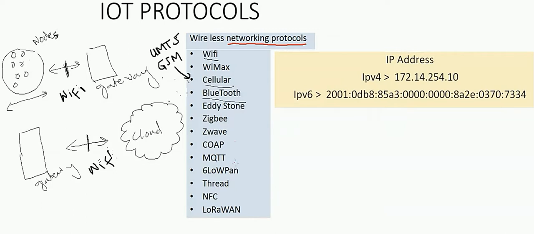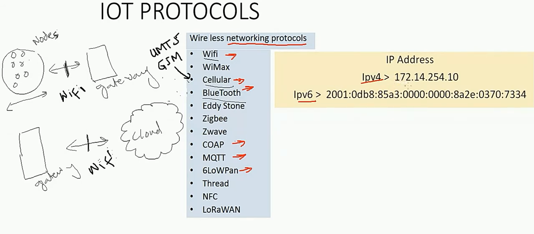For example, in the case of 6LoWPAN, which is quite new, and CoAP and MQTT, we also support IPv6 IP addresses. But Wi-Fi and Bluetooth are using IPv4, while for the cellular networks we use both IPv4 and IPv6, because there is UMTS, which is quite new. And now we define a little bit what IPv4 and IPv6 addresses are.